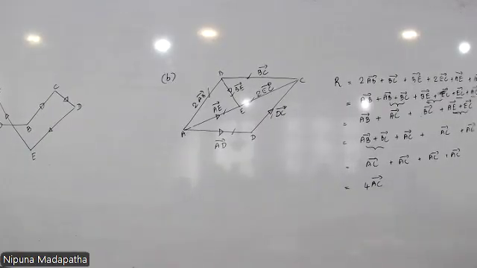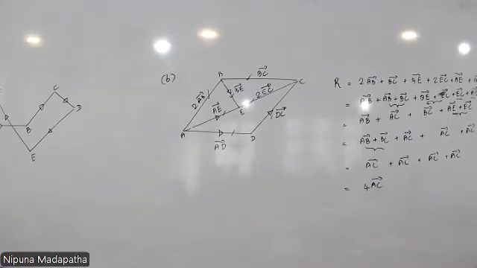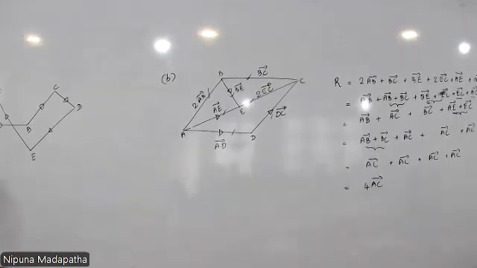So where are we going to start from? What is the best point to start the vectors? Let's start from A.